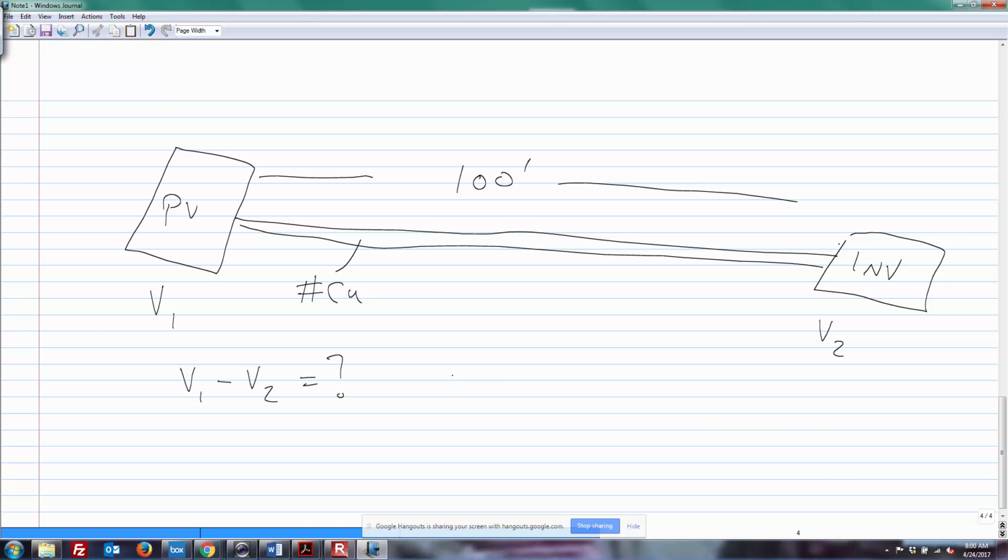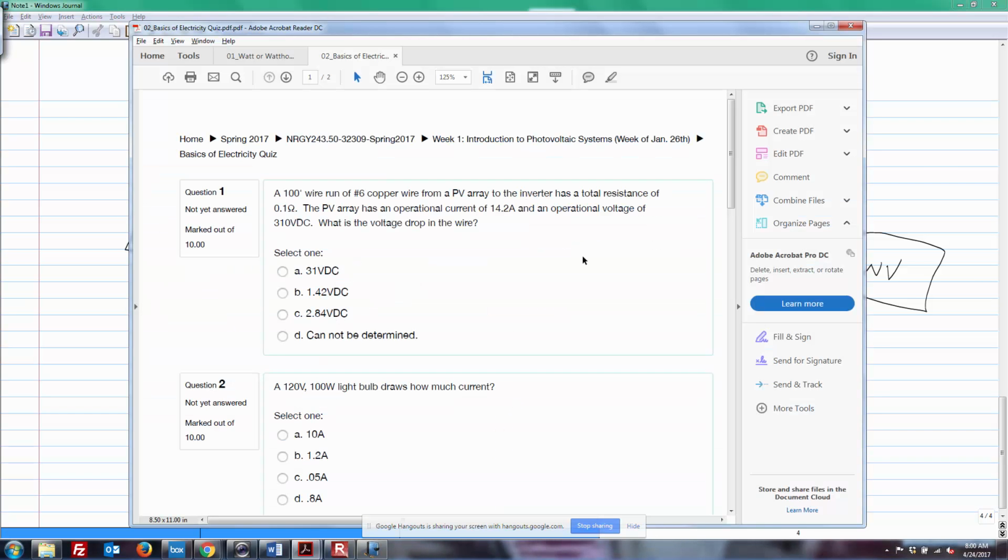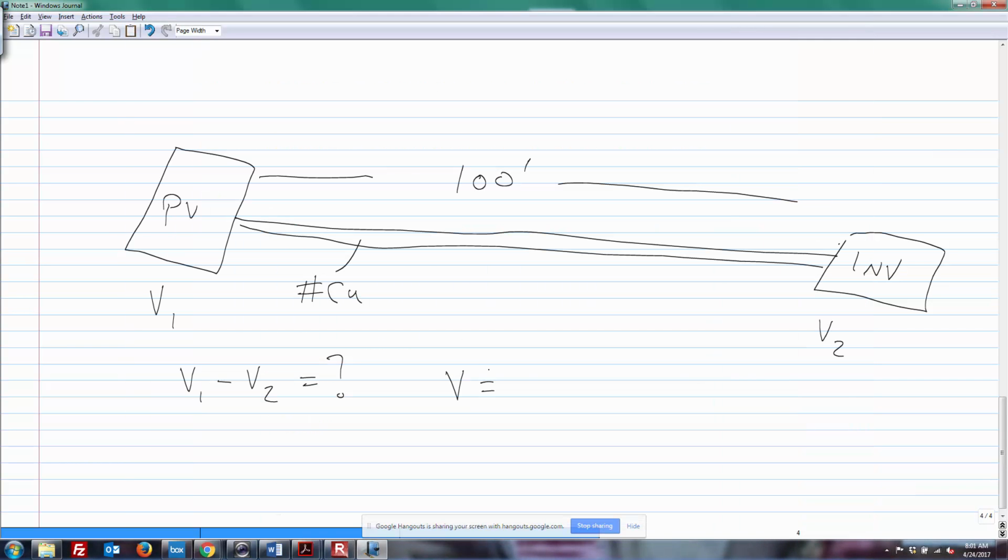So the change in voltage equals the current times the resistance. We know the current and we know the resistance. So V equals IR.